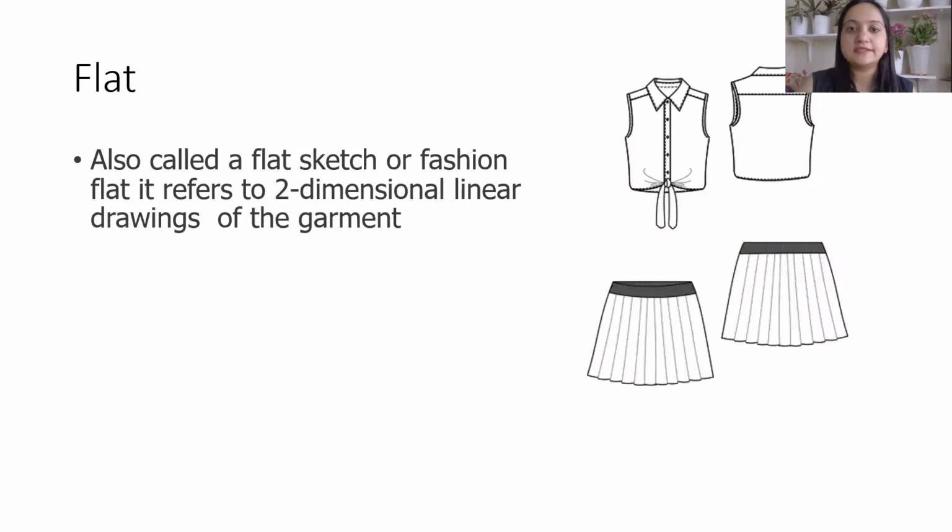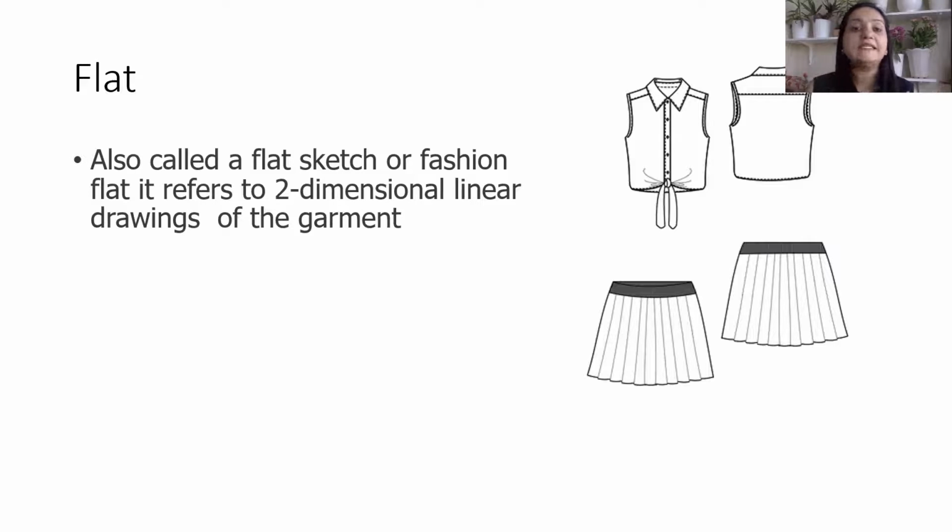The third terminology, which we usually use, is the flat. Flat is also called a 2D sketch in fashion terminology. It is a two-dimensional linear drawing of a garment. For example, if you need to draw a garment laid flat on a bed or a surface, how does it look?